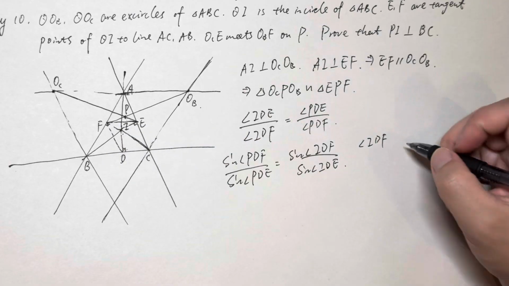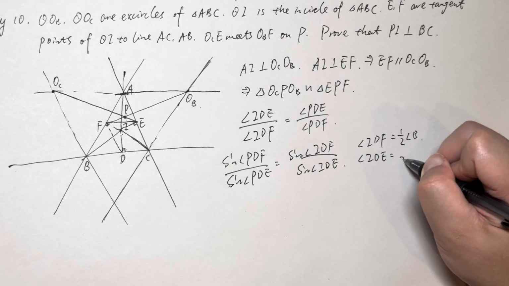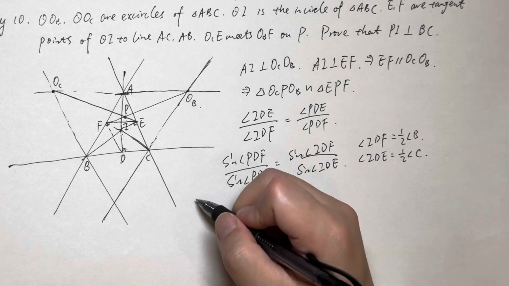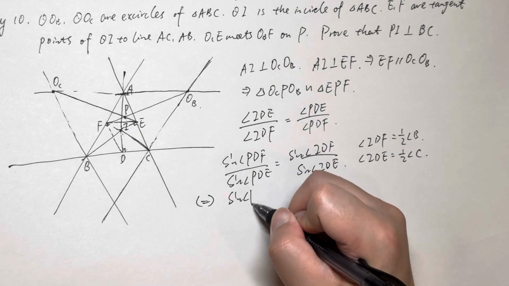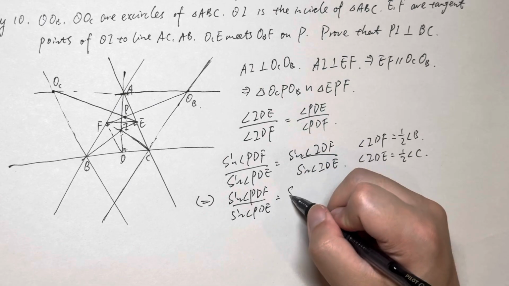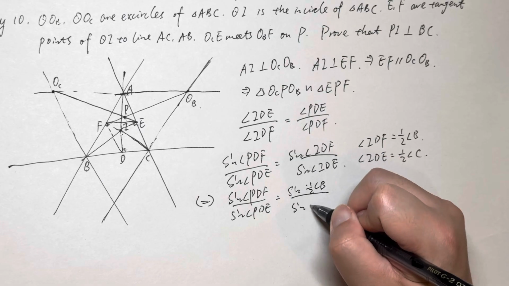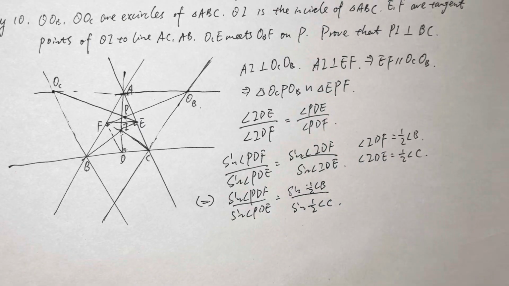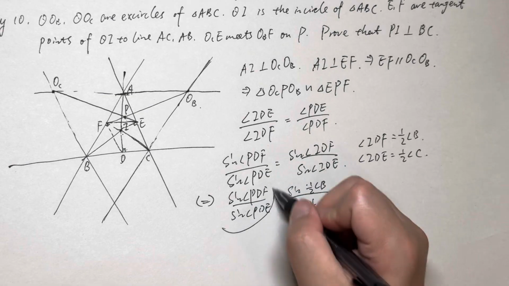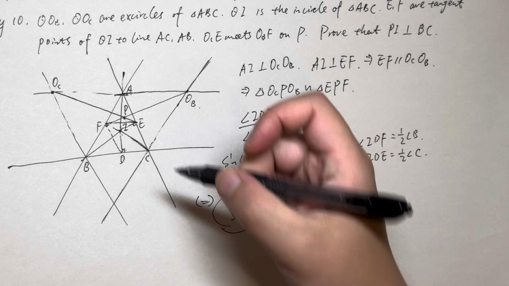That's half of the angle B. Similarly, the angle IDE is half of angle C, which means we want to prove that sine angle PDF to sine angle PDE equals to sine half of angle B to sine half of angle C. Right, that's our target. It means we want to find the relation of the sine angle PDF to sine angle PDE. What is angle PDF?